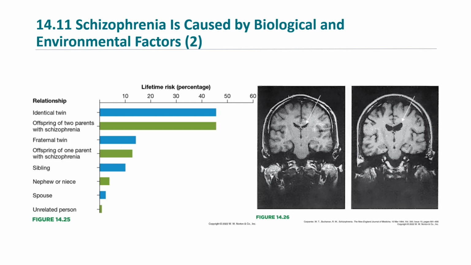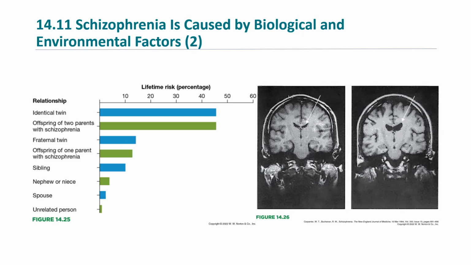So you can see identical twins. If one identical twin has schizophrenia, it's almost a 50% chance, 45%, that the other one will also develop it. Because remember, identical twins share 100% of their genes. Once again, because it's not 100%, we know that environment comes into play as well.